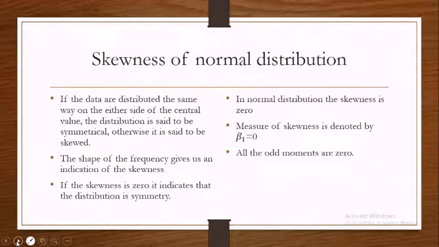And hence all the odd moments are 0, as I quoted earlier. I would also like to mention that in the case of a normal distribution, mean, median, and mode coincide.